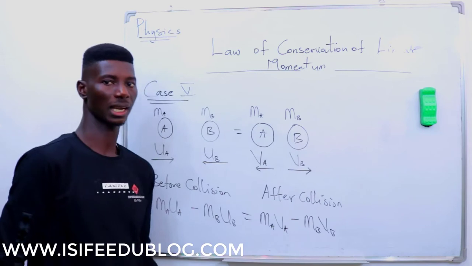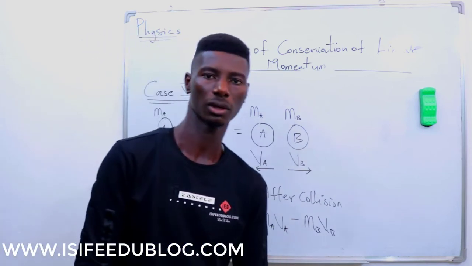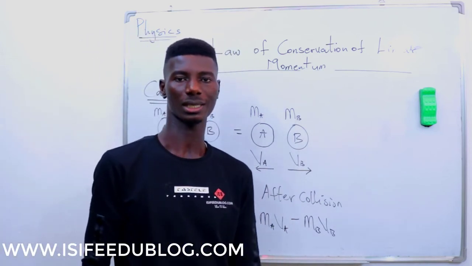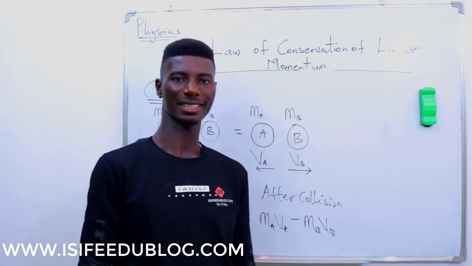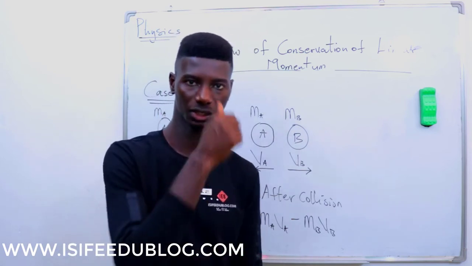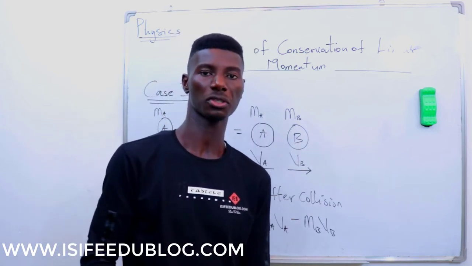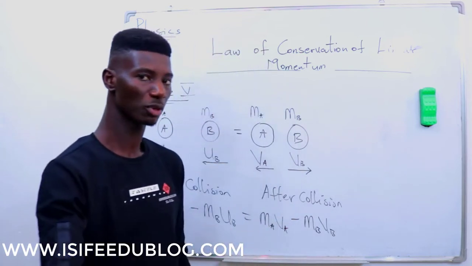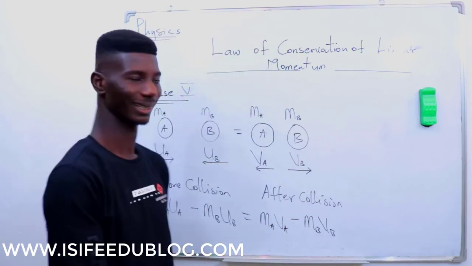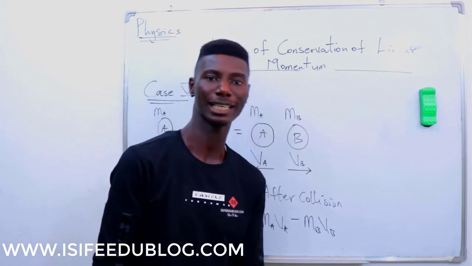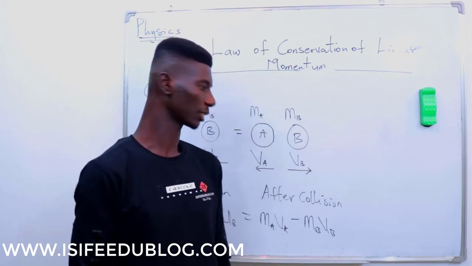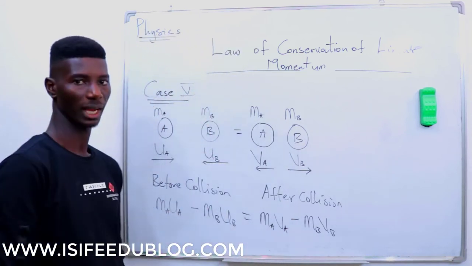So the negative sign in anything you solve under momentum or in force is telling you that that force acted in the opposite direction. So after solving anything for force and you are getting negative, it doesn't mean you are wrong. It's simply telling you that the outcome is acting in the opposite direction. So this is what we have.